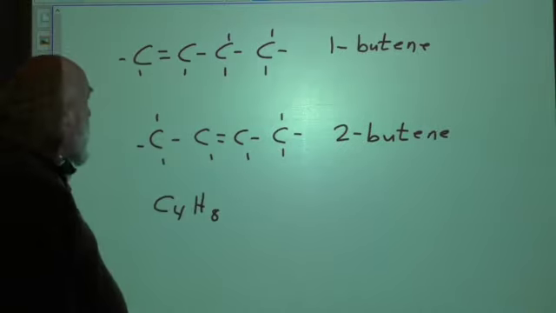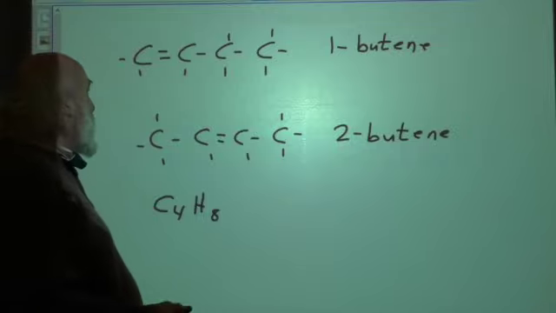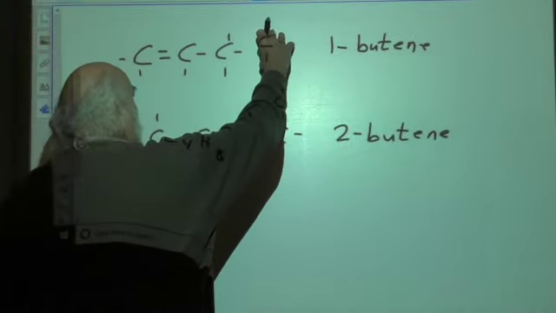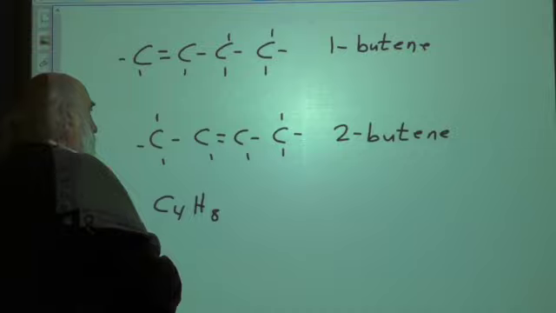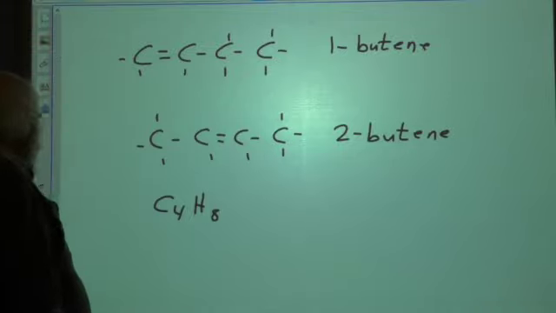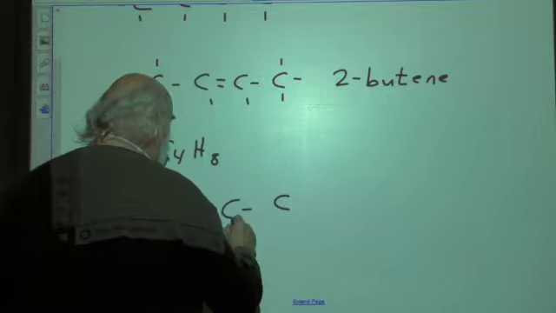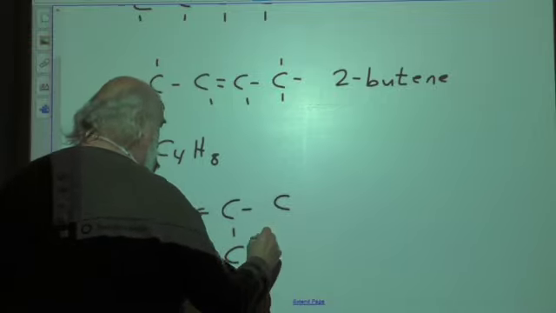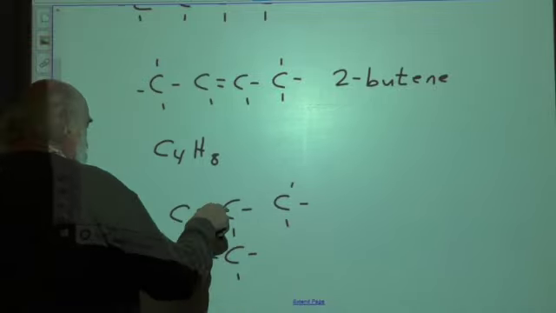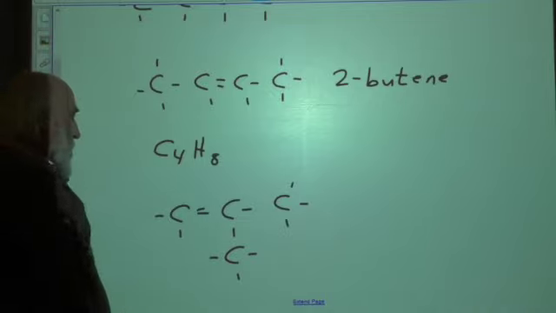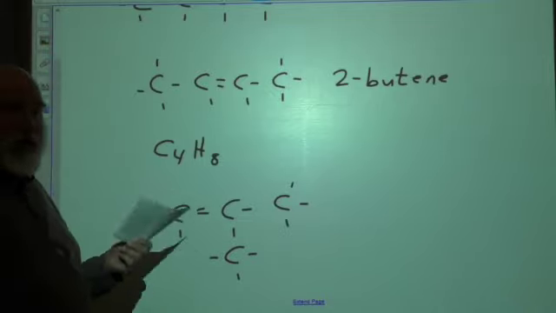Okay? Now, another isomer for this, if I take this right here off this and put it right there, I would get this structure. This is also C4H8.